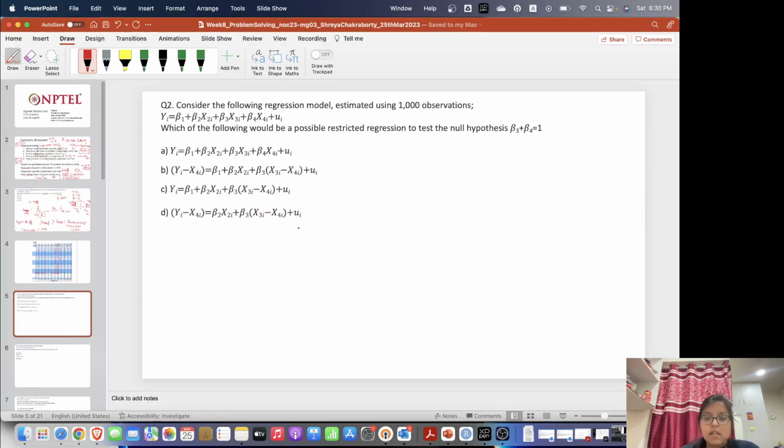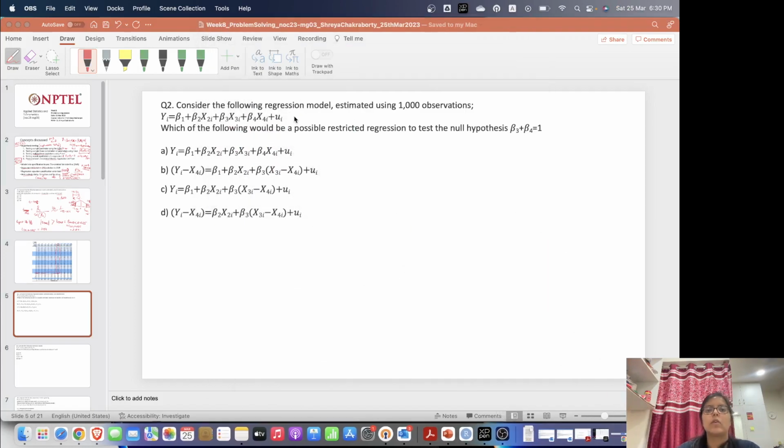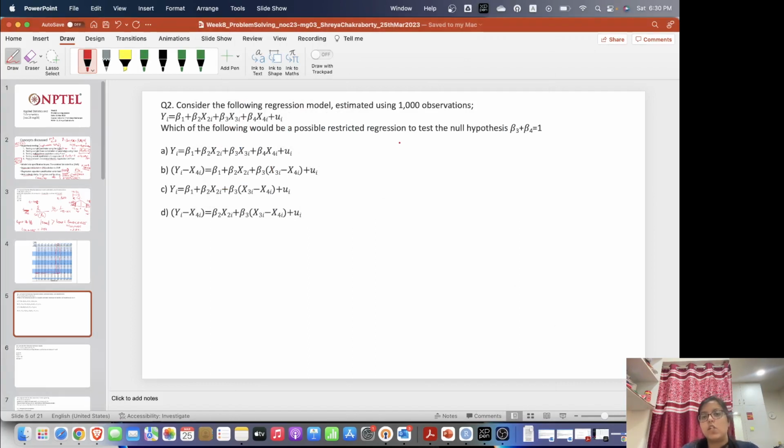So let us consider this model which was estimated using 1000 observations. We have n equal to 1000, k number of regressors 1, 2, 3, number of unknown parameters 1, 2, 3, 4.